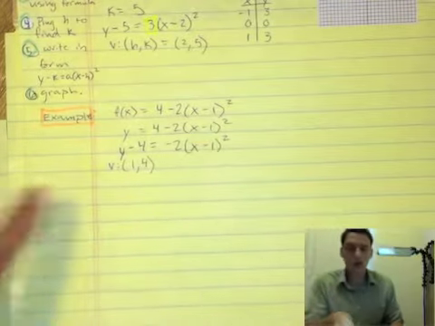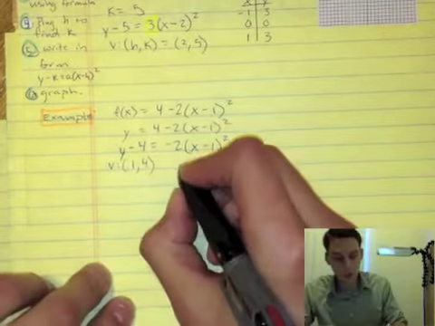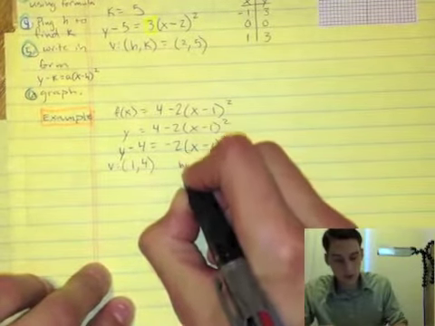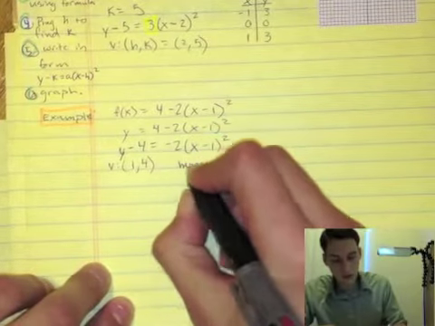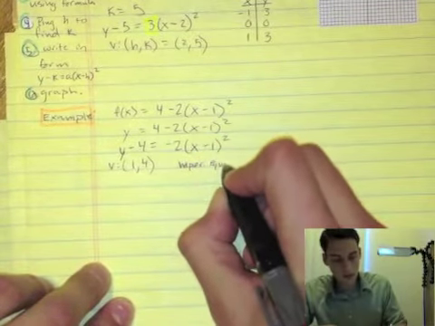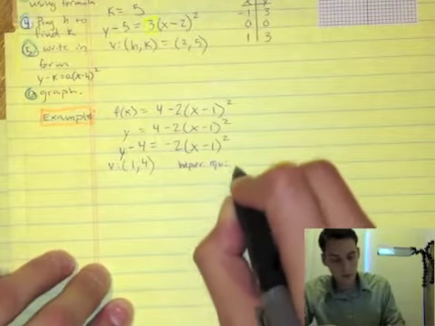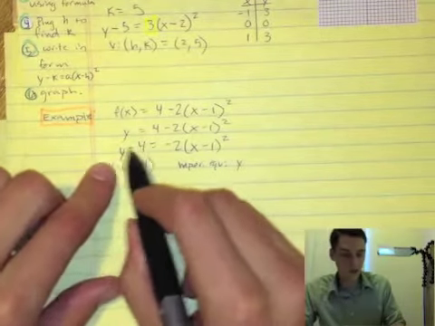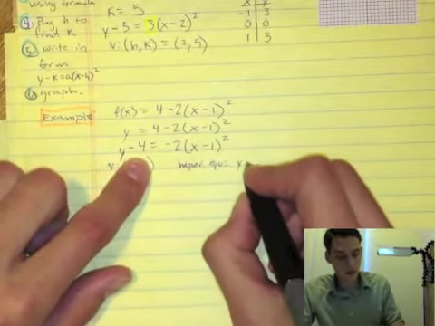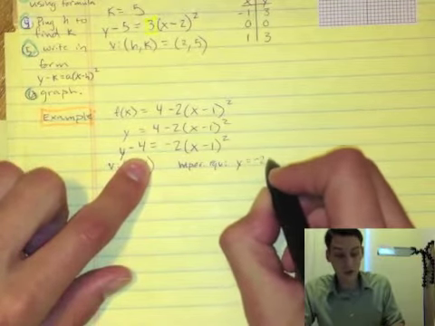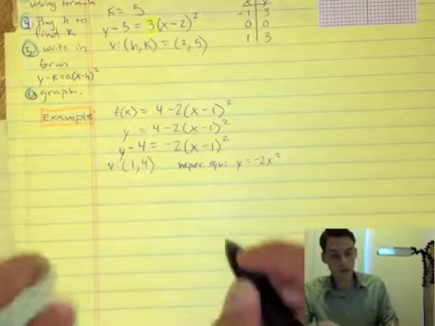So the vertex is 1, comma 4. The helper equation will be, I'm just taking off k and h, y equals negative 2 x squared.